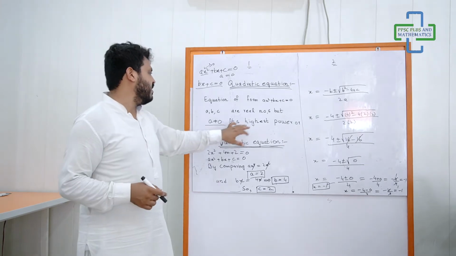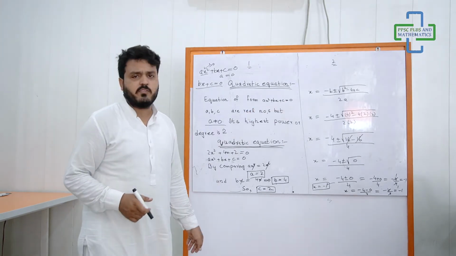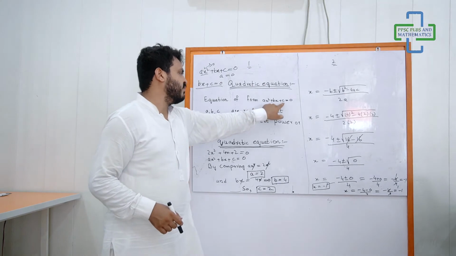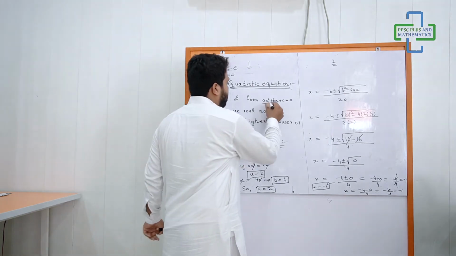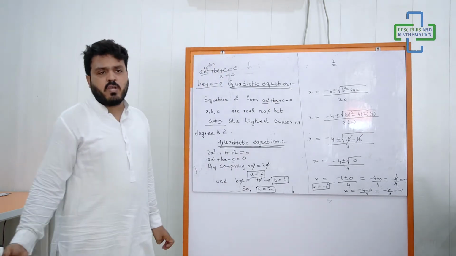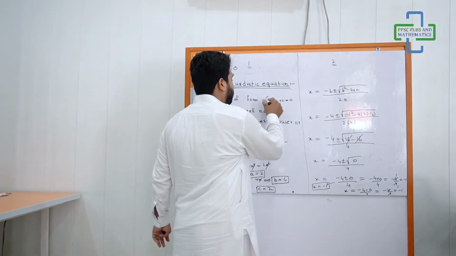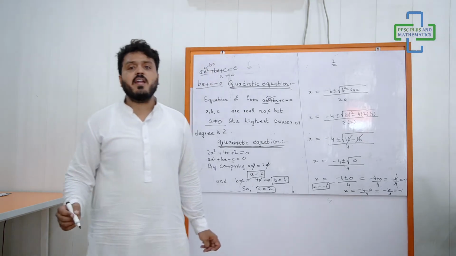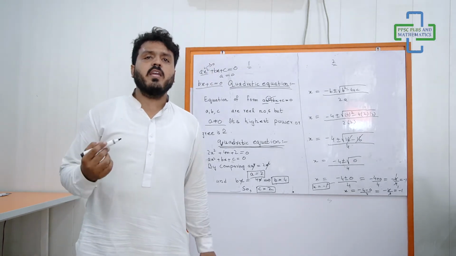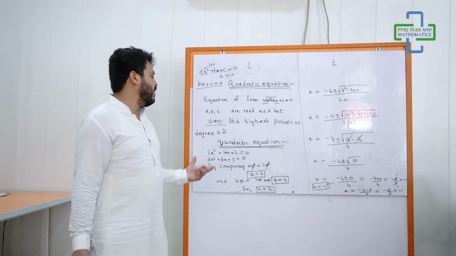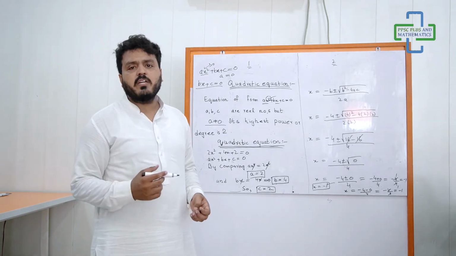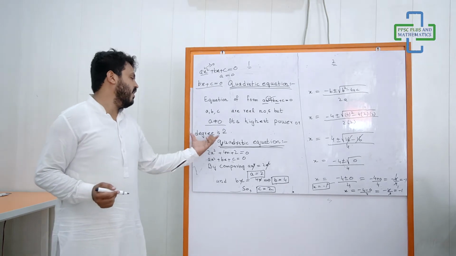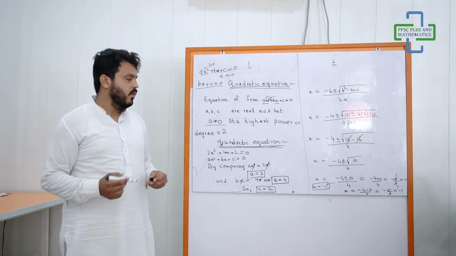In ax square plus bx plus c is equal to 0, the variable is x, whose highest power is 2. We can also say the highest degree of the variable is 2, since degree is the other name for power.